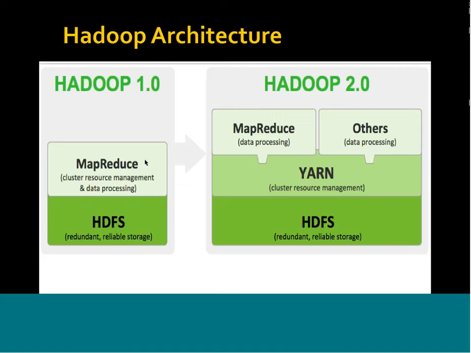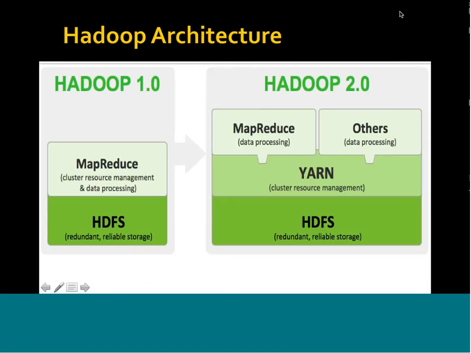MapReduce now is responsible only for data processing. You have another component called YARN, which takes responsibility of cluster resource management. So it decouples your data processing from cluster resource management. We'll see in detail how we can configure YARN also. Apart from this, Hadoop 2.x talks about other ecosystem products also, which help you in managing your diversified data. Okay, it's clear.